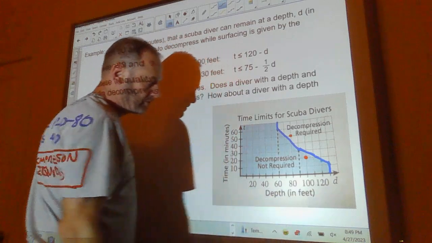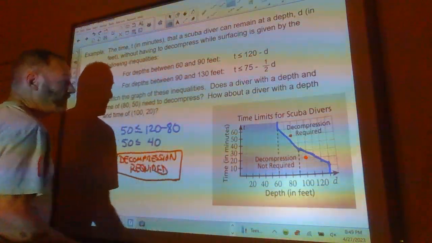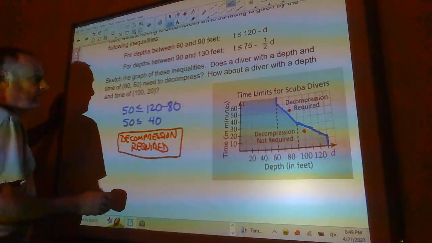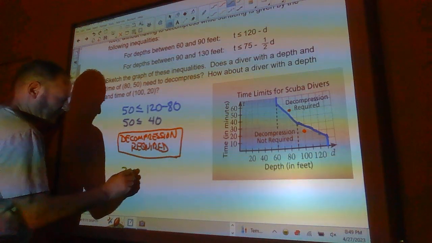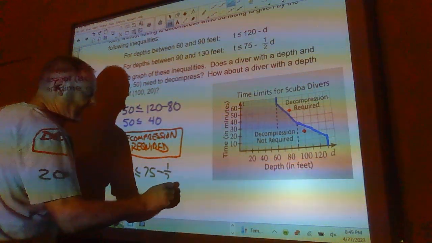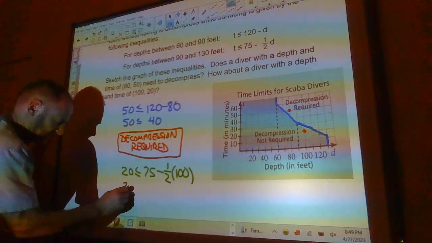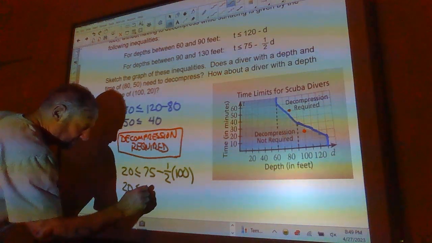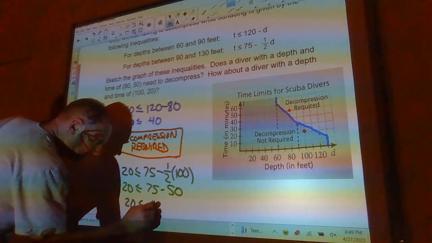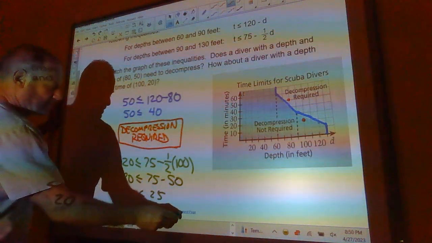Okay, so you are not required to decompress, because if I put that into the equation, okay, it would be 20 is less than or equal to 75 minus 1/2 of d. D is 100. Okay, so 20 is less than or equal to 75 minus 50. So 20 is less than or equal to 25. And so you do not require decompression.